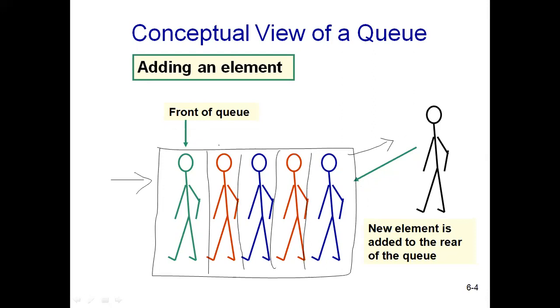You see, the stack does not have separate front and back sides; both are on only one side. The queue is not like that. The front side is here and the rear side is here.